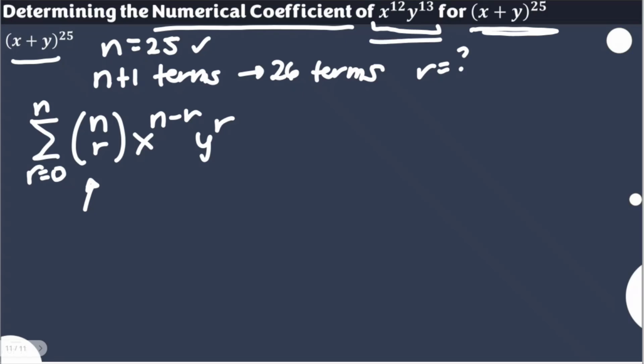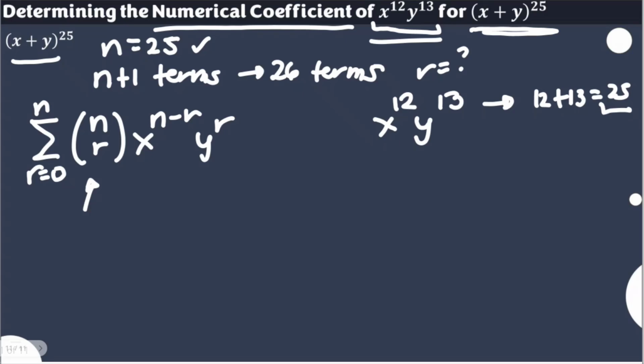Now, to do this, let's know that the term is x to the power of 12, y to the power of 13. First, you know that this is an element of the expansion because when you add the two exponents, that's 25, it matches our n. So that's actually one thing you may consider in finding the coefficient, if it satisfies one of the terms in the expansion.